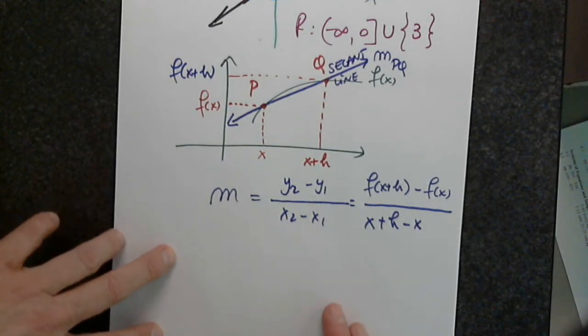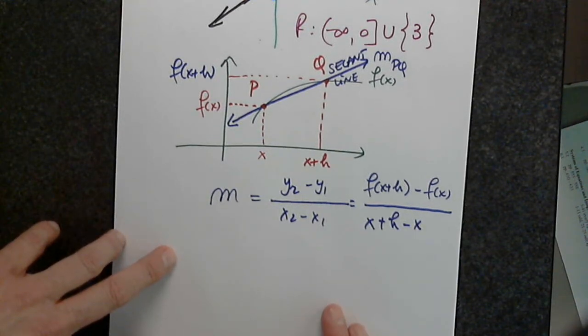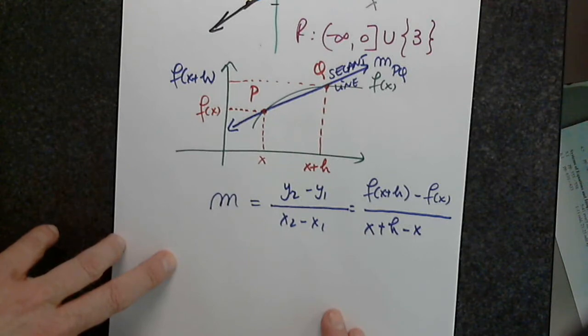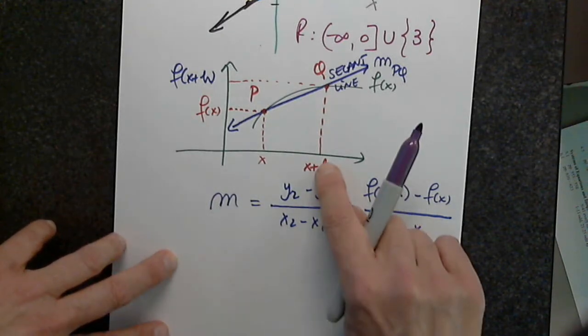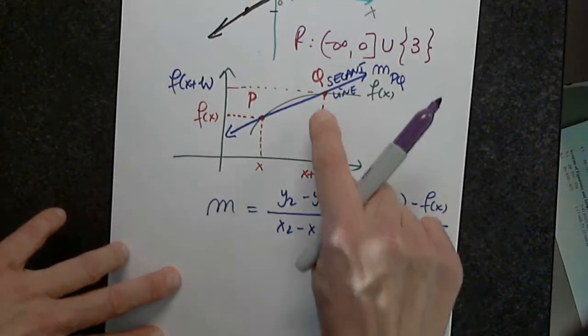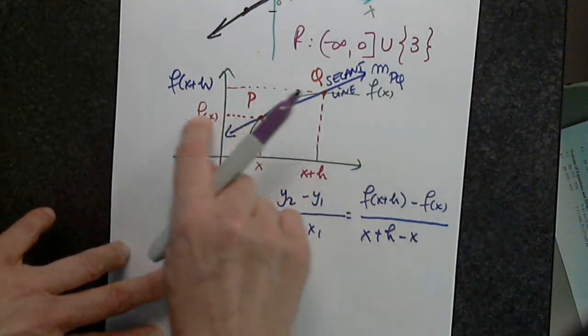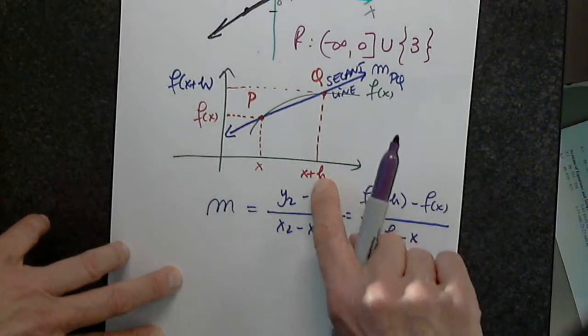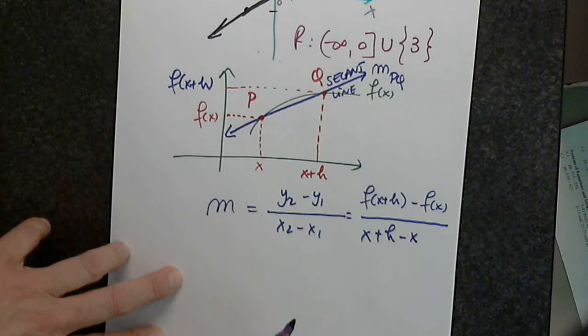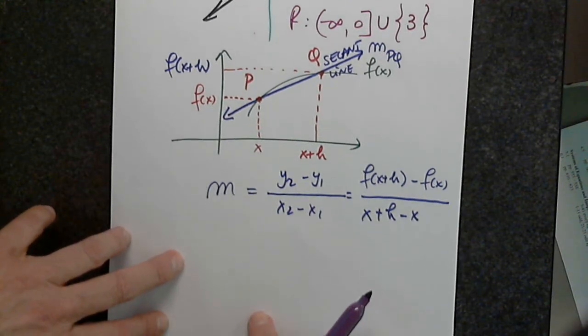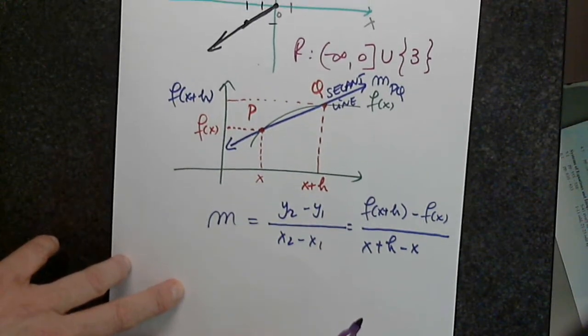Is this okay, everyone? So you put on the bottom x plus h minus x. Of course, y2 minus y1 over x2 minus x1. They have to be in that order. Okay, so the x plus h minus x at the bottom. Does that matter?